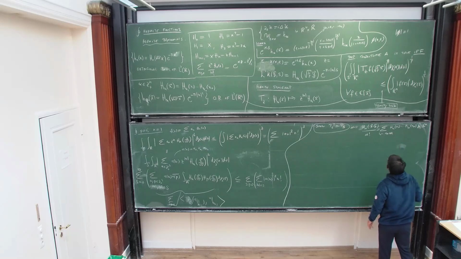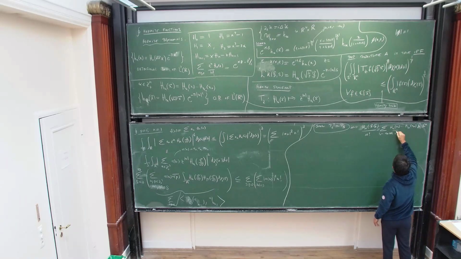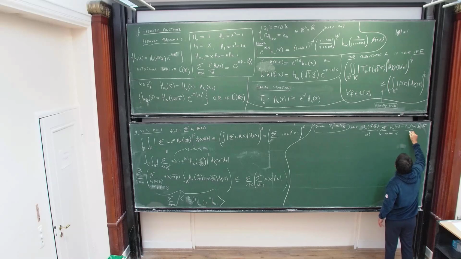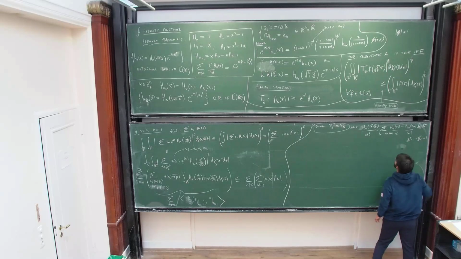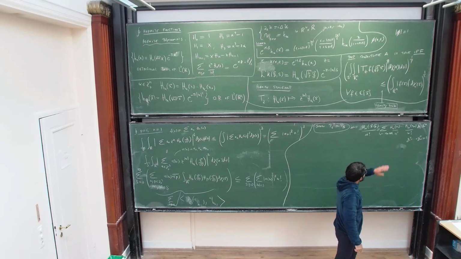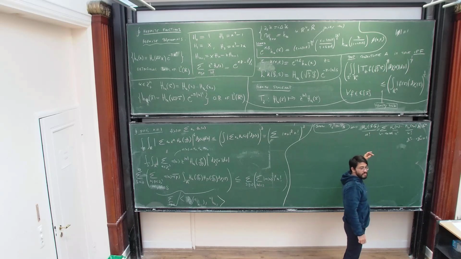Equals m, and you have to write the factors. And this always happens if this is true. So for each m, you make the sum on the right. This equals that.